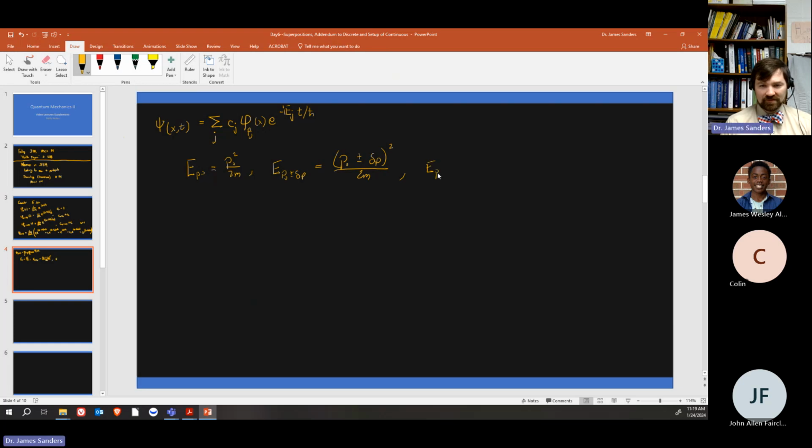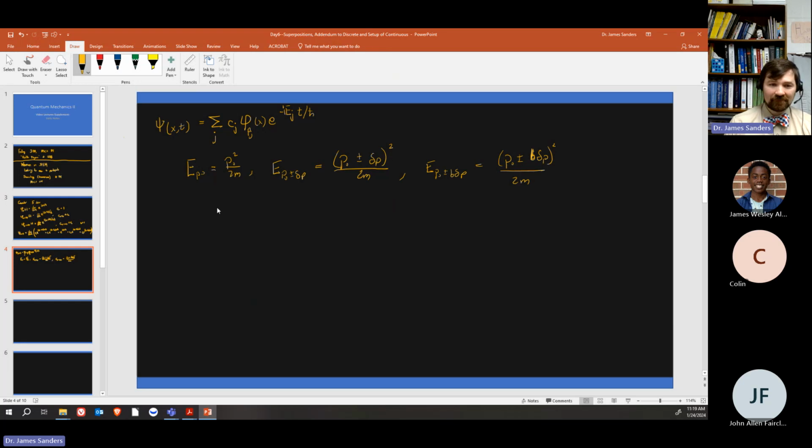And E of p naught plus or minus B delta p is (p naught plus or minus B delta p) squared over 2m. Okay. And obviously these expand to p naught squared plus or minus 2 p naught delta p plus delta p squared.